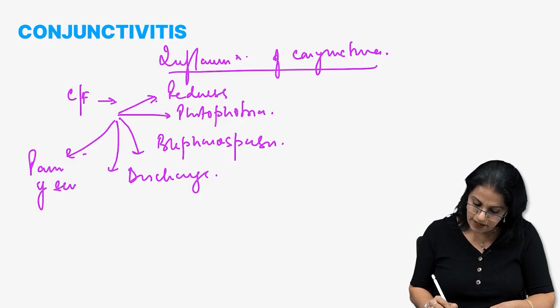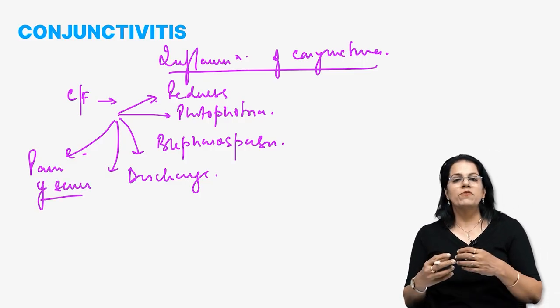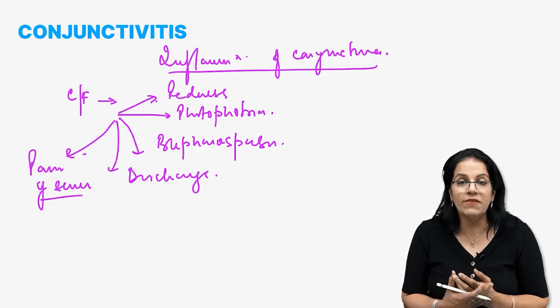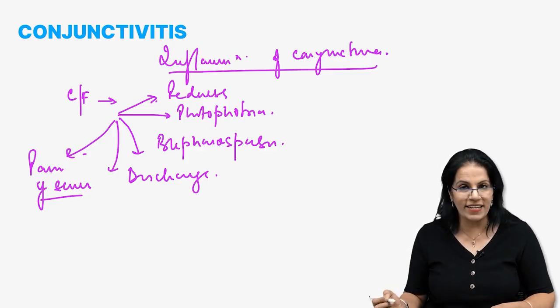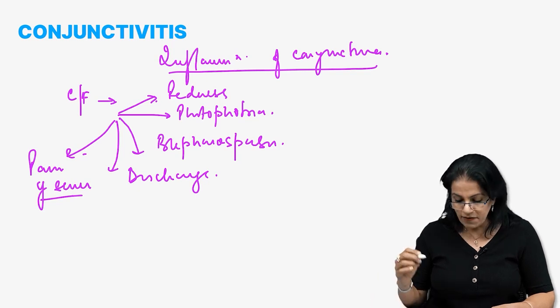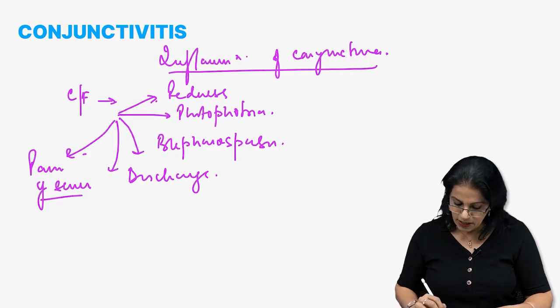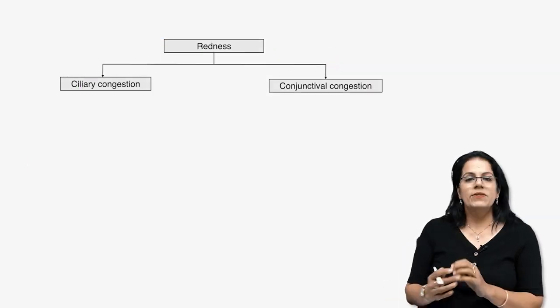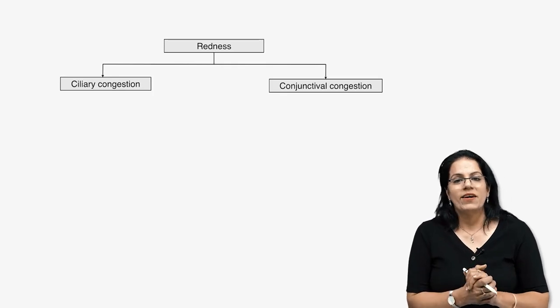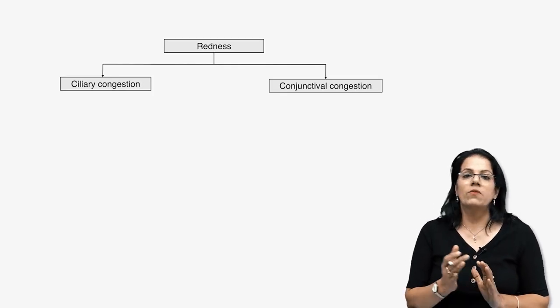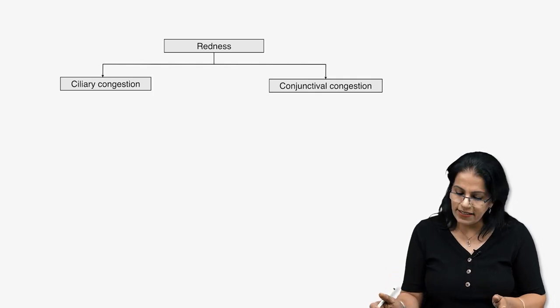Okay, even your blepharospasm and photophobia and intolerance is more if there is a corneal involvement, but yes, you can get that, right? Okay, then once we know this, what are the types of redness? So redness is mainly of two types. One is your ciliary congestion and one is conjunctival congestion.